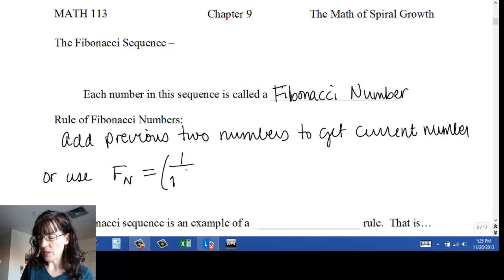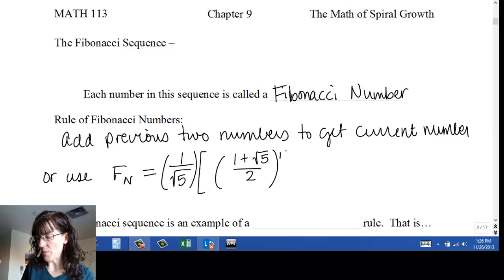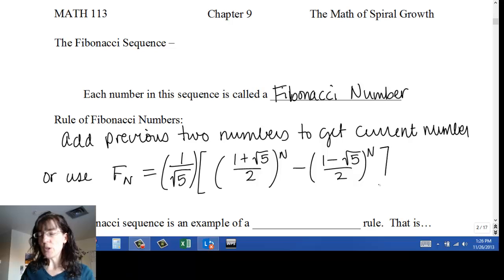We'll take 1 divided by the square root of 5, and then multiply by, here's the first term, 1 plus the square root of 5 over 2 raised to the nth power minus 1 minus the square root of 5 over 2 raised to the nth power.